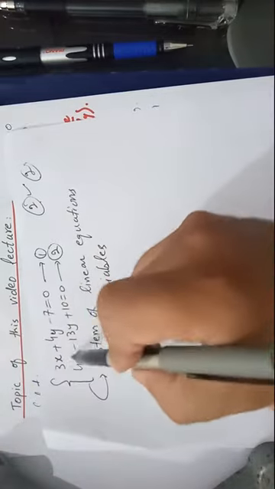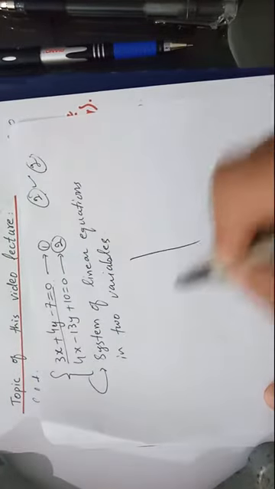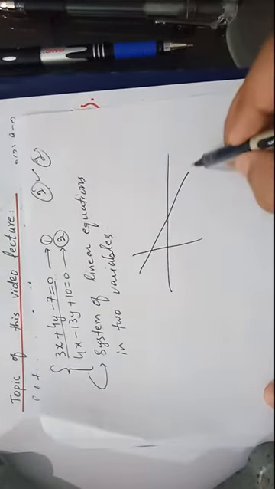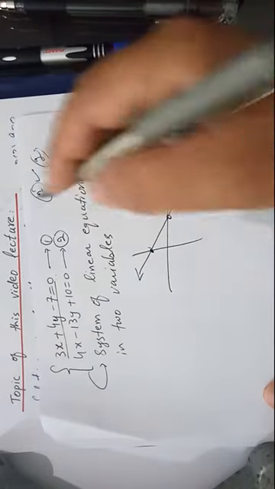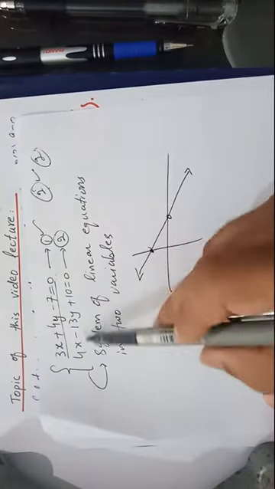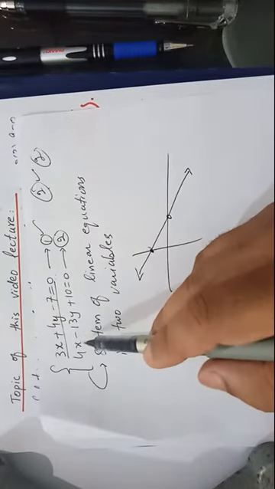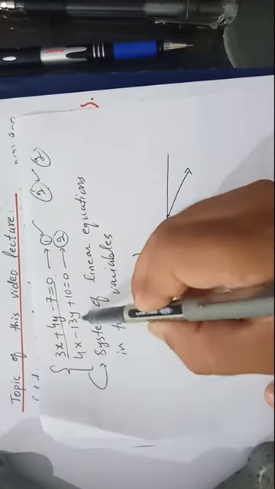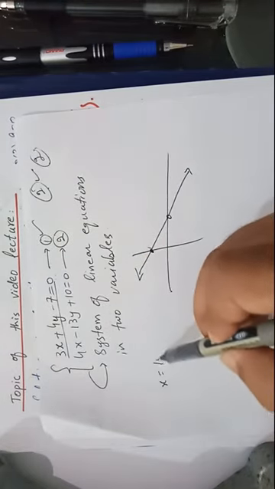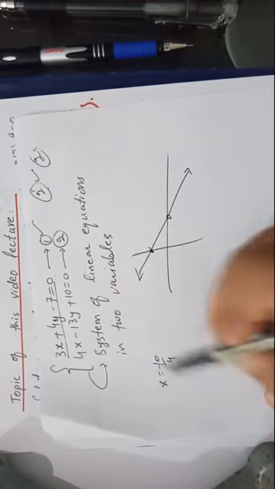If you draw the graph of equation number 1, from the previous you see that this is the graph of a linear equation, and then you can draw the graph of this equation. For this equation you will find the x-intercept. So choose y equal to 0. Then x will be equal to minus 10 by 4.